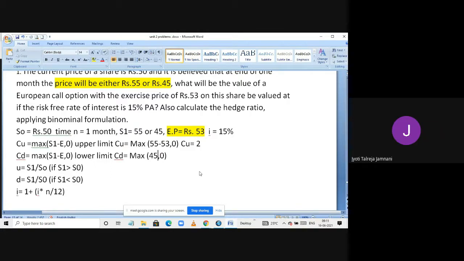So S1 we take 45 minus the exercise price, 53 rupees, or 0. 45 minus 53, what do you get? Minus 8. Minus 8 or 0, which is maximum? 0. So CD is 0. Any doubts till here?